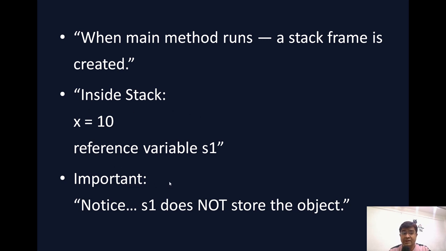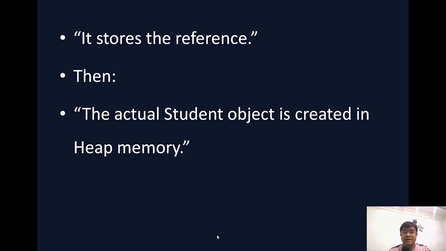It is important to notice that s1 does not store any object here. It is just storing the reference. The actual Student object is stored in the heap memory, not in the stack frame.